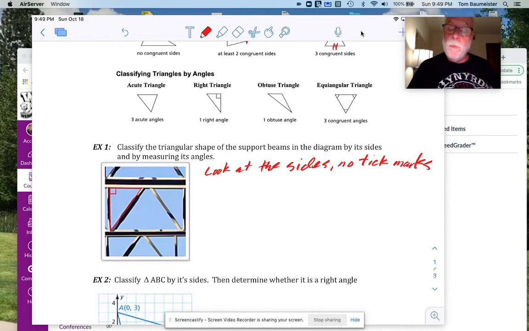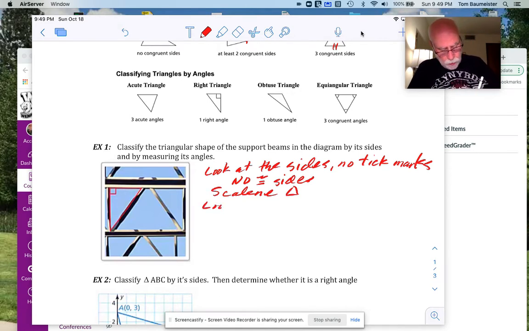Since there are no tick marks, that means there's no congruent sides. And if there are no congruent sides, that means that it's a scalene triangle. Okay, now look at the angles.